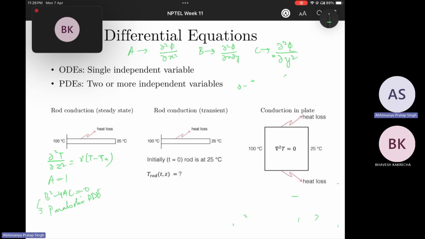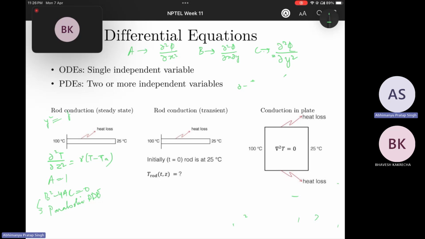It's not exactly parabolic, but based on the classification, we can classify this as a parabolic PDE.